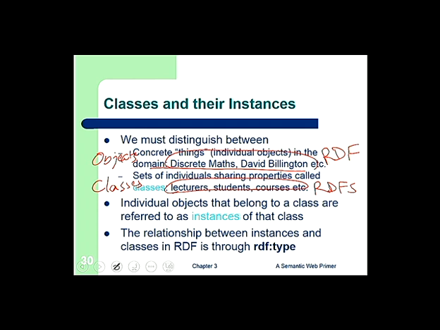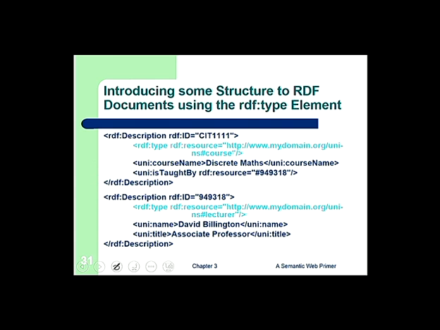And the relationship between these two is established through RDF type. We have seen before that when we are talking about a course and we want to say it is a course, we associate it with the RDF type element. We are talking about a lecturer and we want to say it is a lecturer, we associate it with RDF type. If you can recall the statements, this thing is a type of course and they are linked together through the RDF type element.